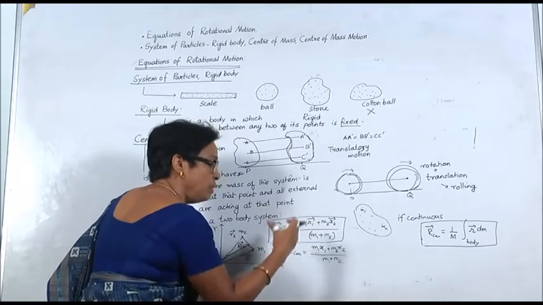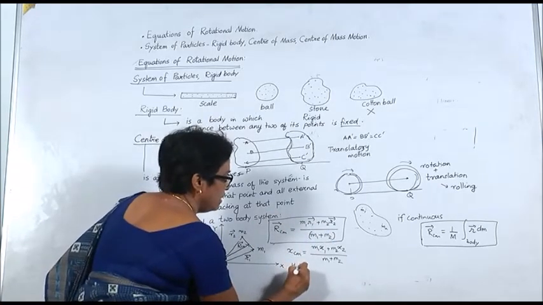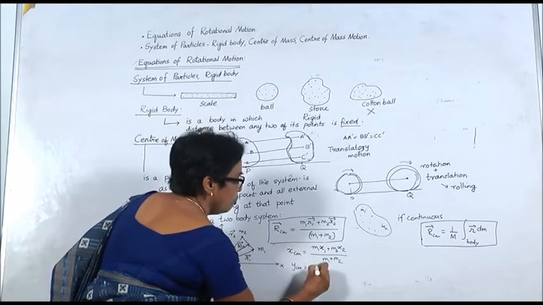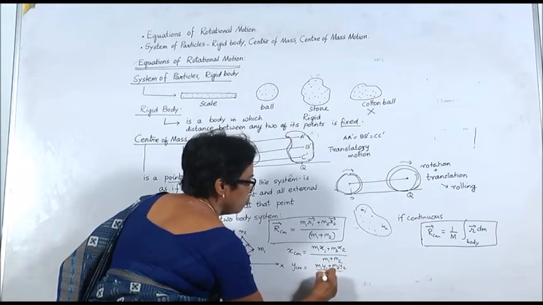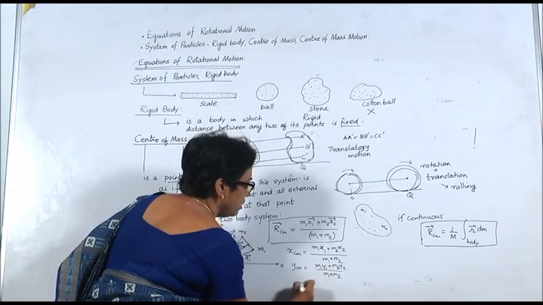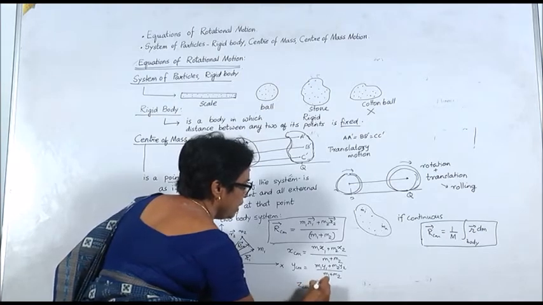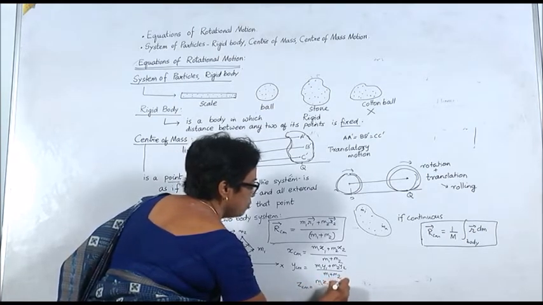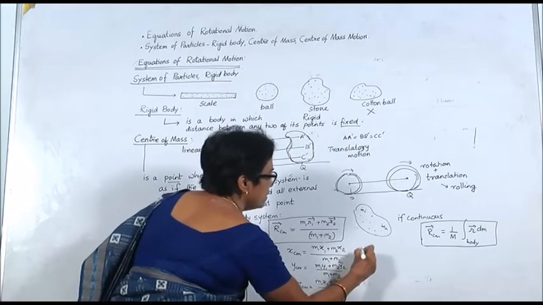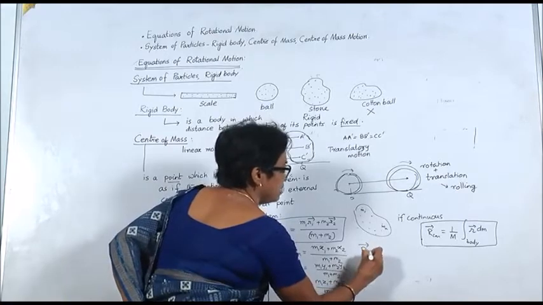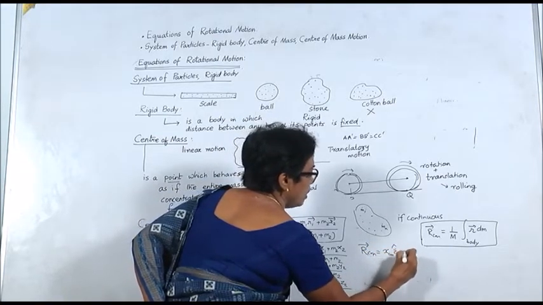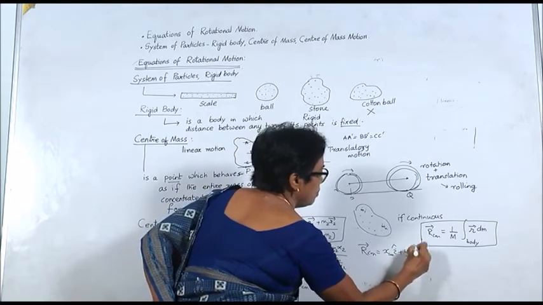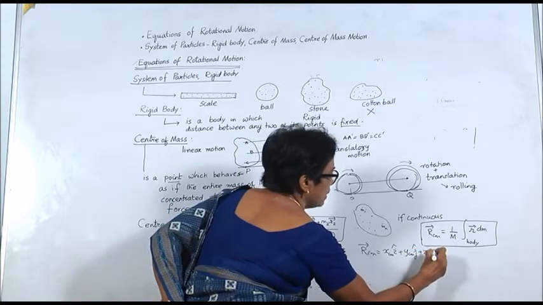The y component will similarly be m1 y1 plus m2 y2 divided by m1 plus m2, and the z component will be m1 z1 plus m2 z2 by m1 plus m2, where my RCM vector is actually XCM i cap plus YCM j cap plus ZCM k cap.